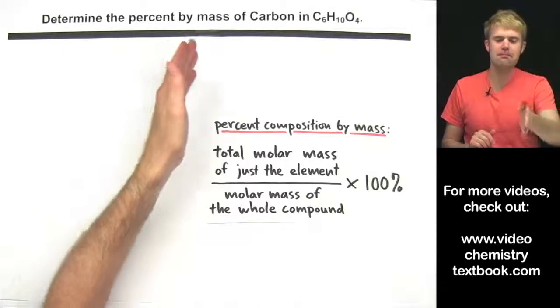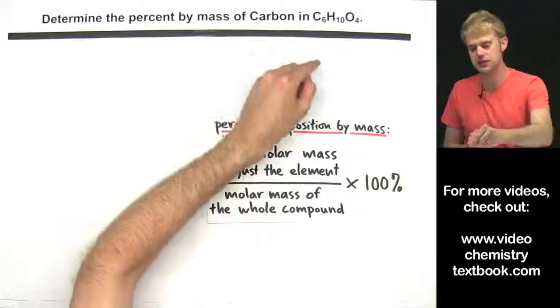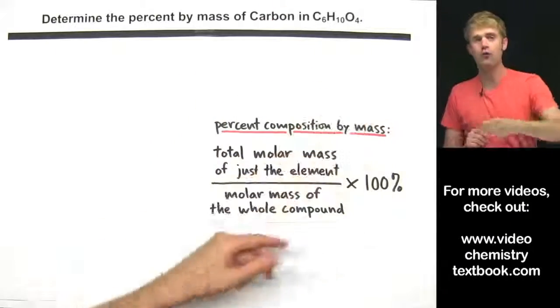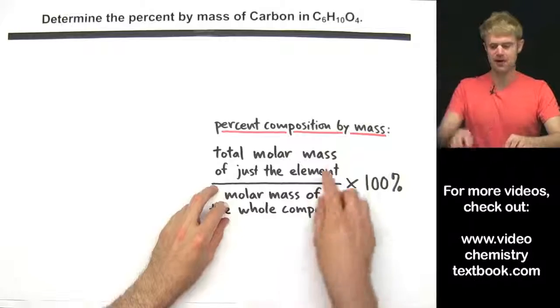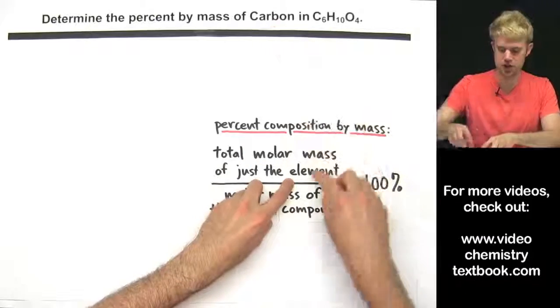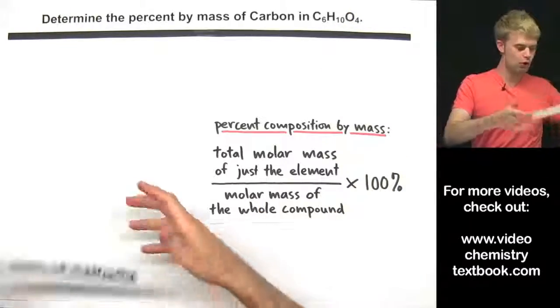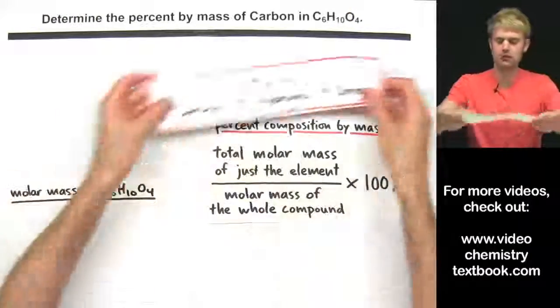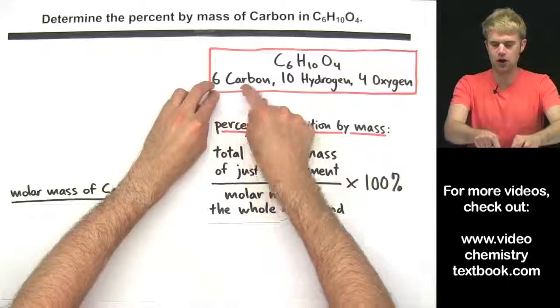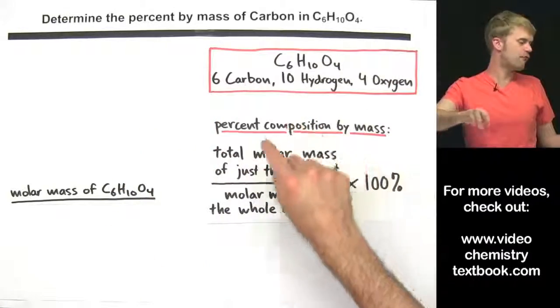Determine the percent by mass of carbon in C6H10O4. Two things we want to keep in mind: the total molar mass of just the carbon, and then the molar mass of the whole compound. We'll start with the molar mass of the whole compound, which contains 6 carbons, 10 hydrogens, and 4 oxygens.